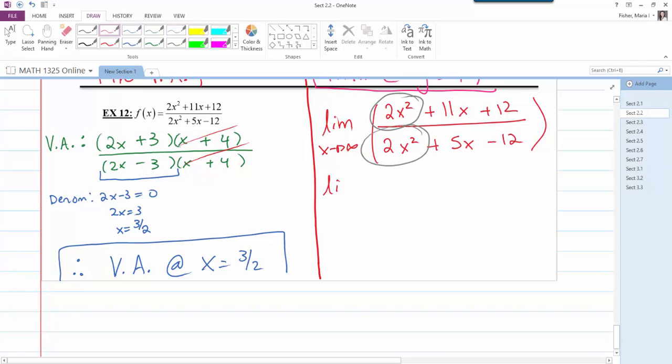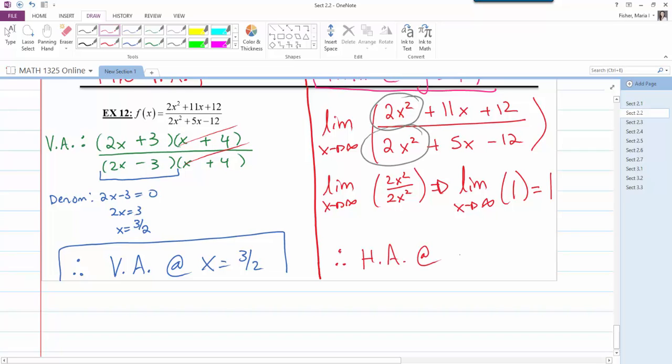So this is the same as just looking at the limit as x goes to infinity of 2x squared over 2x squared, which reduces to 1. So we're looking at the limit as x approaches infinity of 1. Well, 1 is a constant, right? And the limit of a constant is the constant. Therefore, we have a horizontal asymptote at the line y equals 1.